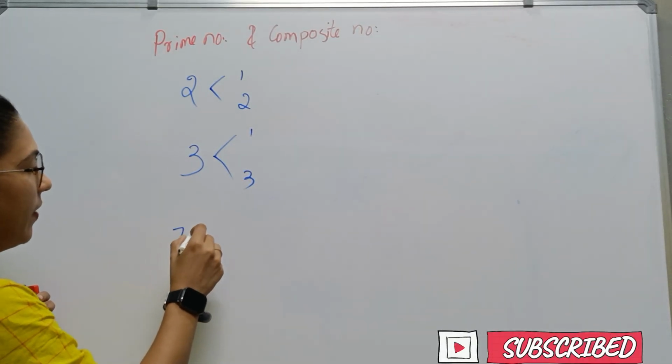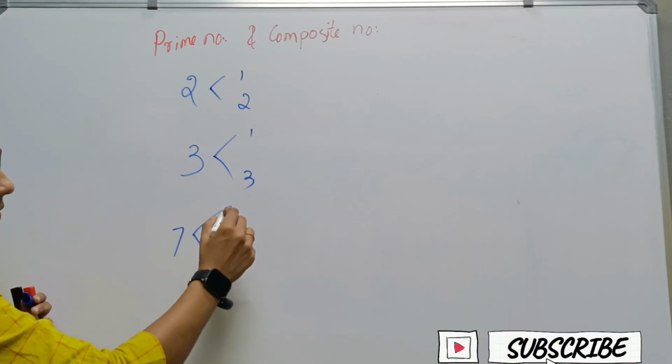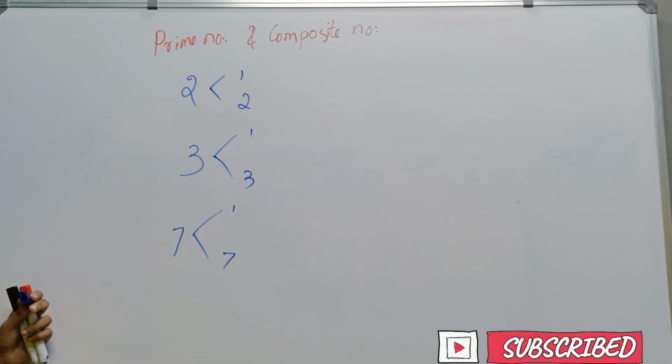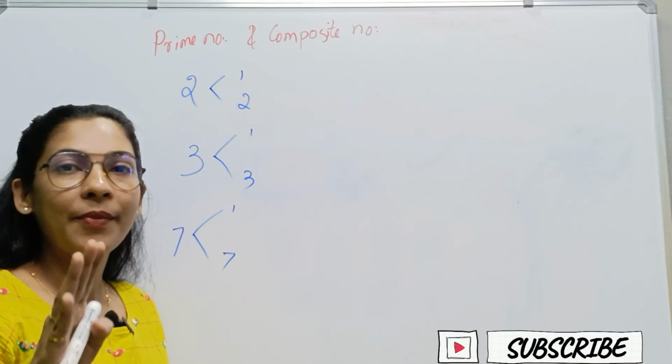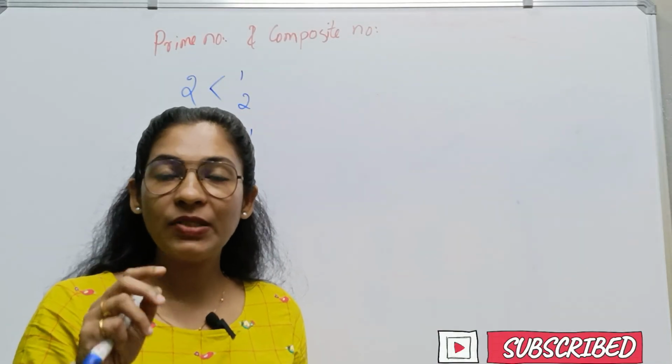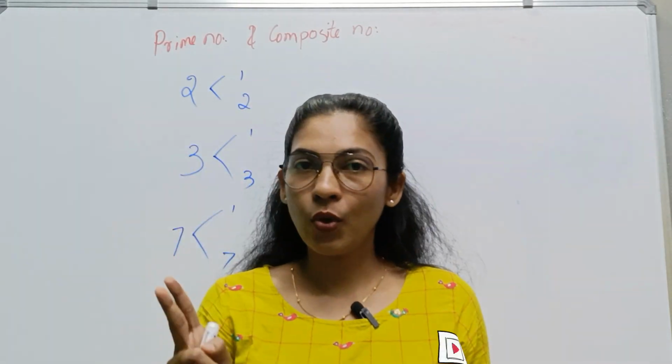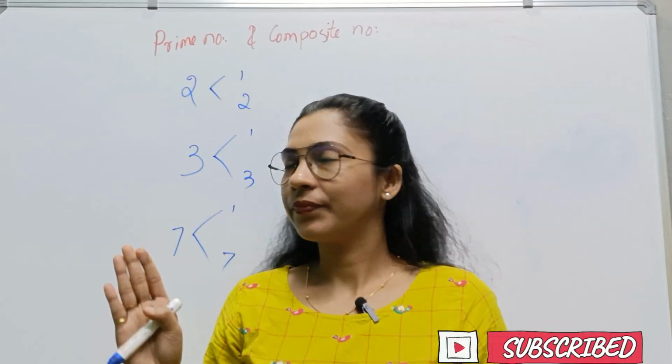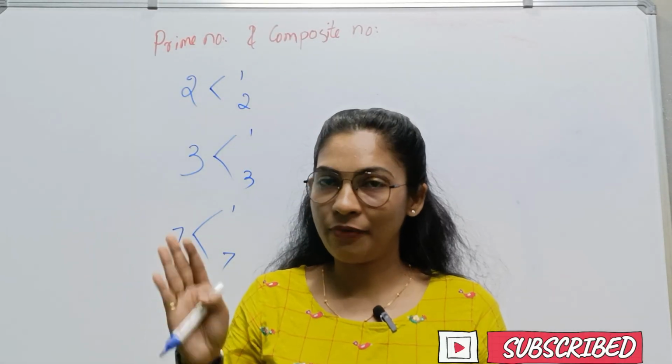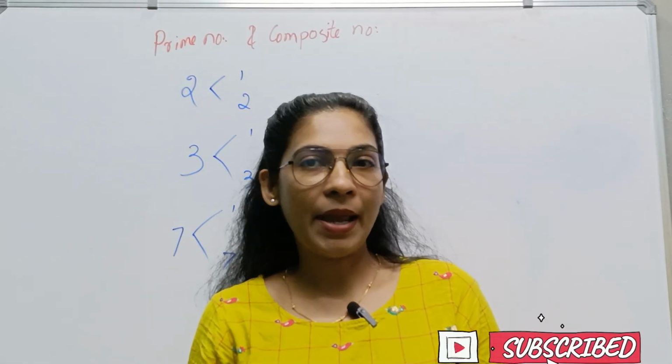In the case of 7, the factors are also 1 and 7. Prime numbers are those numbers which have only 2 factors, 1 and the number itself. Then it is said to be a prime number.